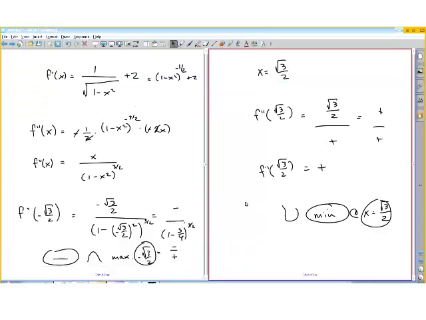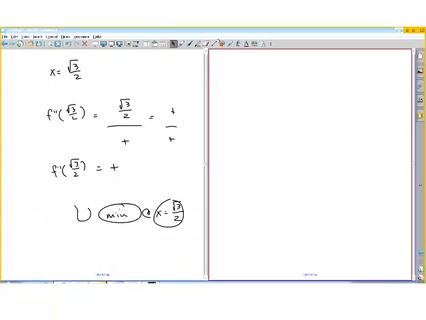We calculated where the maximums were, where the extrema were, but we didn't calculate what the actual extrema values were. So let's do that. Okay, so here we are again. All we have to do is evaluate the function at the two values.